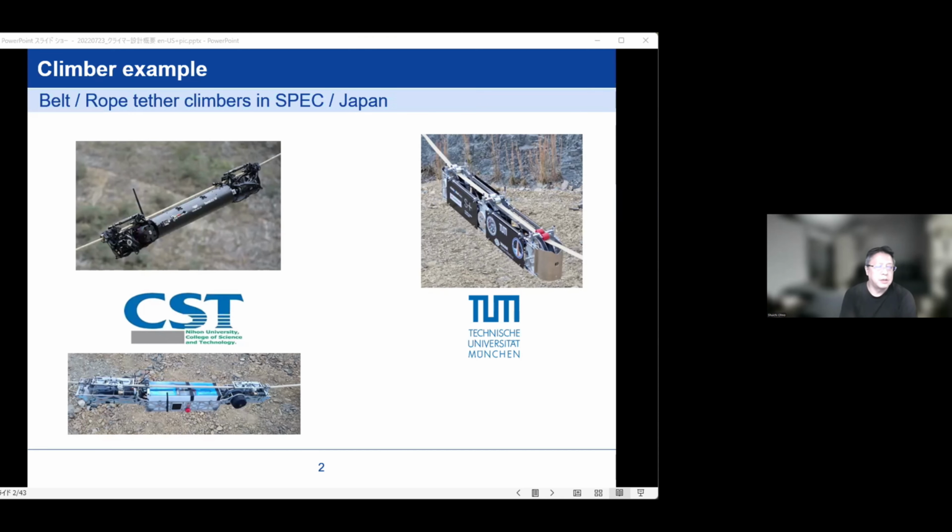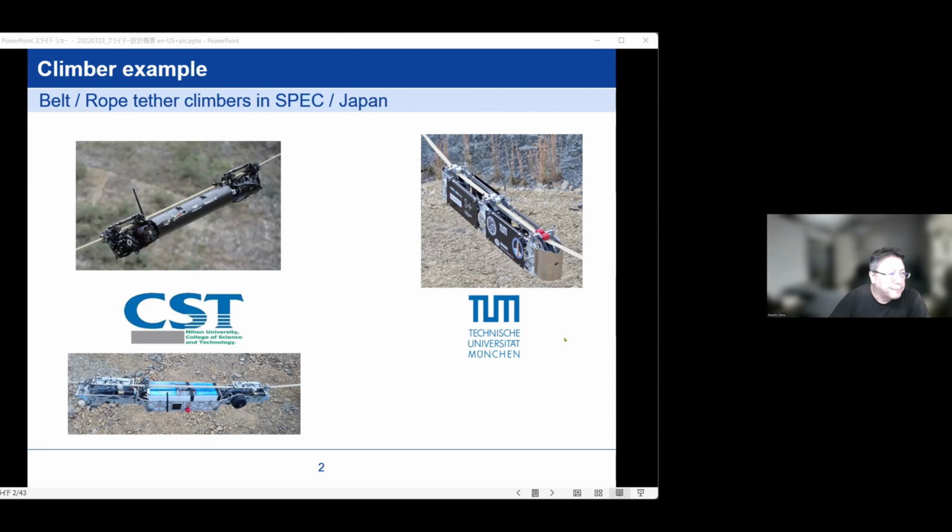Now the maximum average speed of space elevator climbers up to 100 kilometers vertically, or in these days, some climbers achieve up to 200 kilometers for ascending speed.